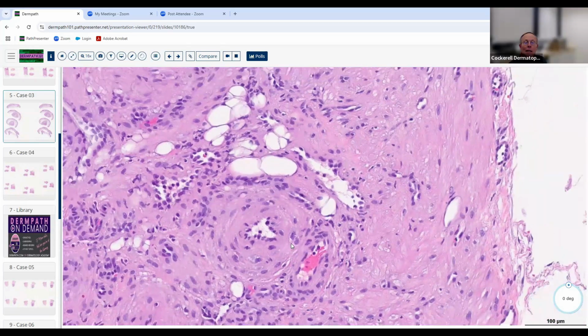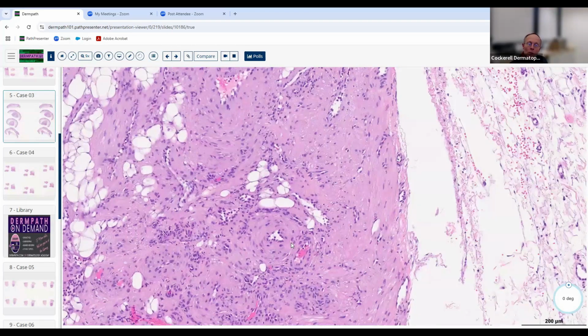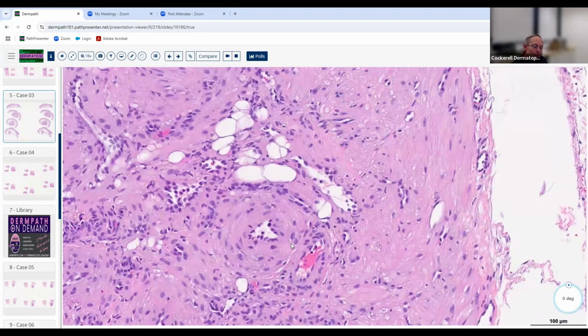Good, excellent. Now there's two types of smooth muscle in our skin, right? There's smooth muscle that's most commonly seen associated with what structures?